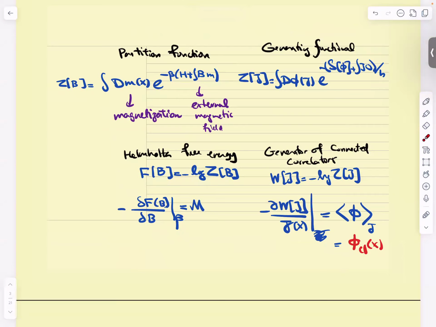Now, on the stat mech side, what you have is a partition function that in the continuum limit is the path integral over magnetization, e to minus beta H plus integral of B times m. This is an external source, this is magnetization. So what is the role of beta here? Beta is dimensionful, right?